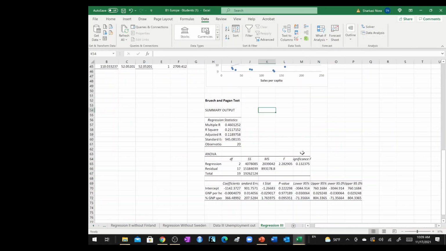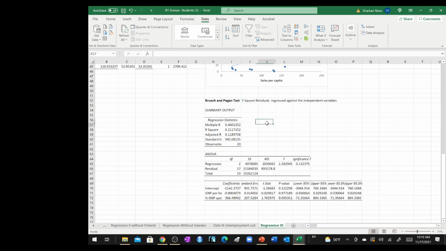And now this is here with y being squared residuals, regressed against the independent variables. Okay, guys?